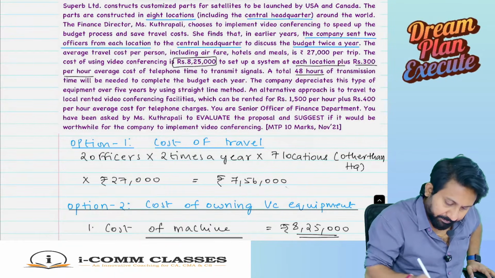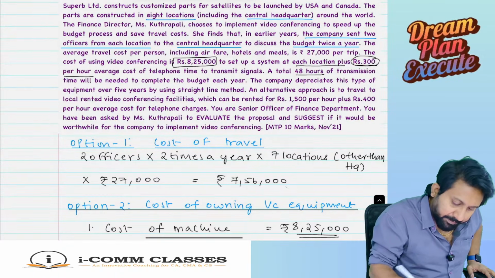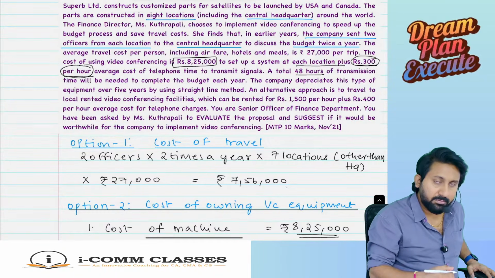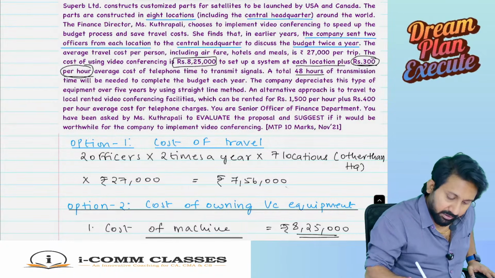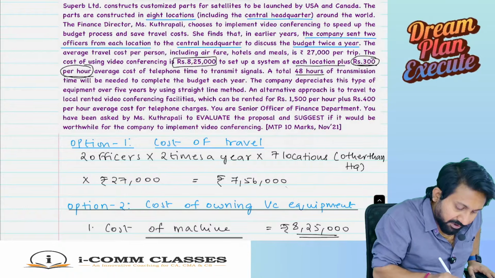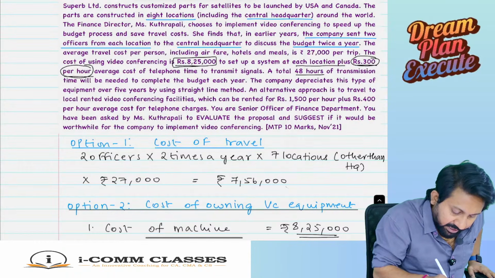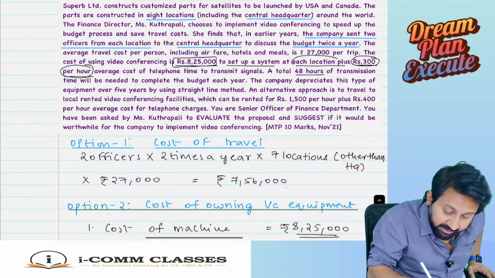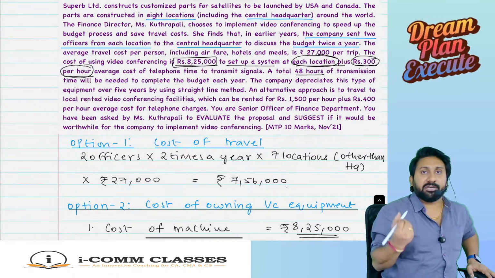Common sense, let us apply. See here. How much will be costing per hour? Answer, sir. 300. Cost of video conferencing is 8,25,000 to set up a system at each location.